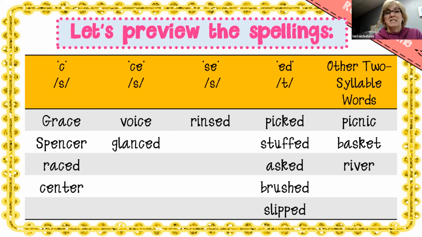We have the S sound with a CE like in voice and glanced. We have the S sound spelled with an SE as in rinsed. We have the T spelled with ED like picked, stuffed, asked, brushed, and slipped. And then we have other two-syllable words like picnic, basket, and river.